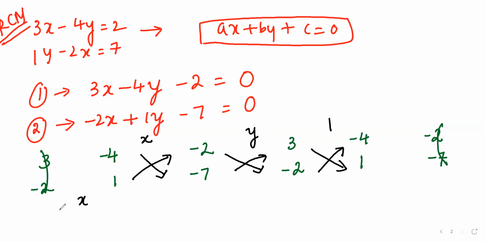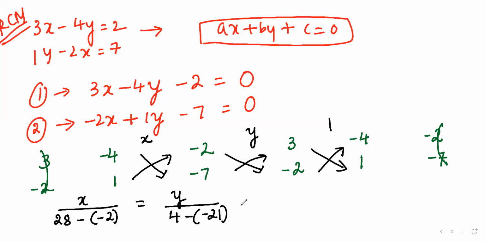So x divided by minus 4 into minus 7, that is plus 28, minus 1 into minus 2, which is minus 2, is equal to y upon minus 2 into 4, minus 7 into 3, which is minus 21, is equal to 1 upon 3 ones are 3, minus 2 into minus 4 is plus 8.